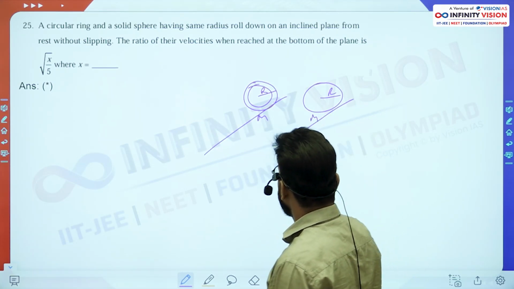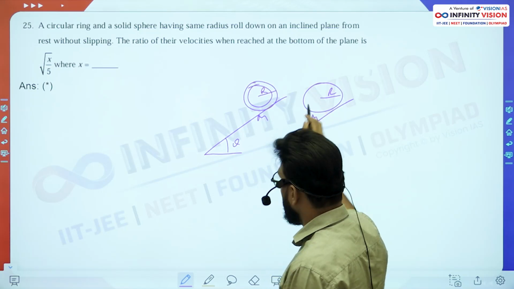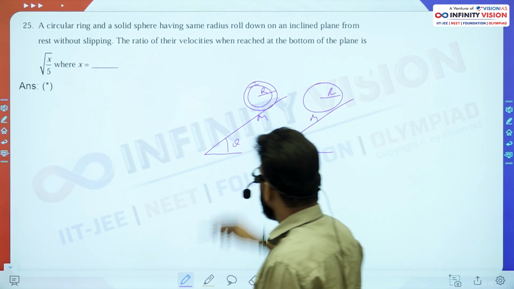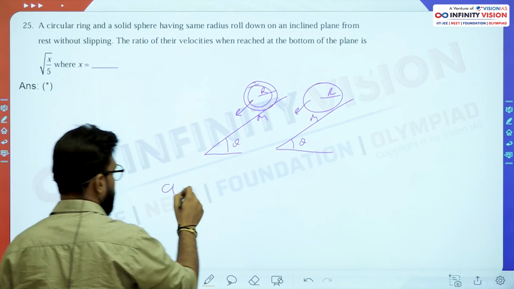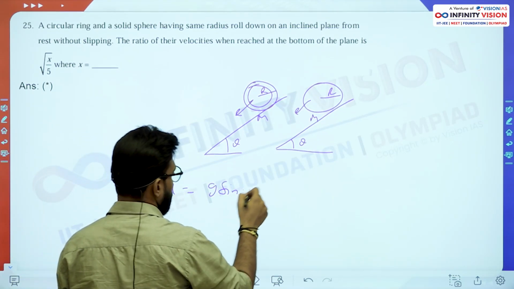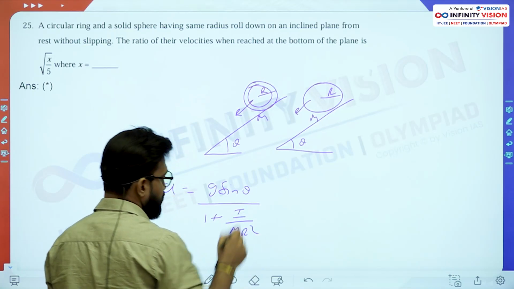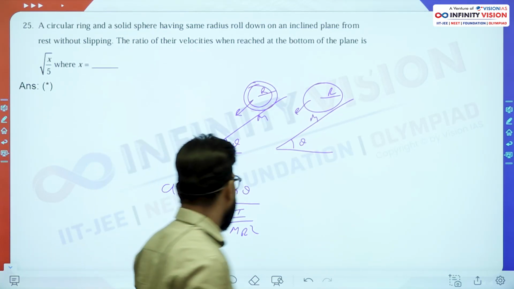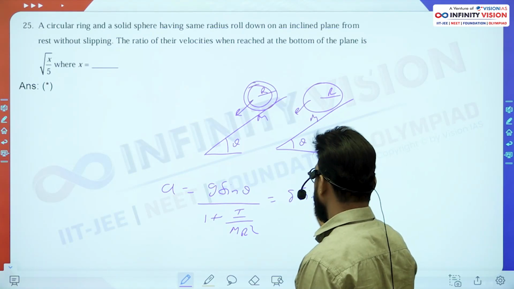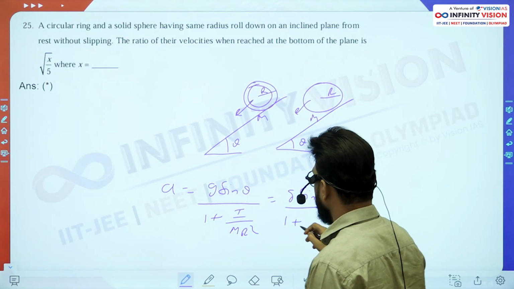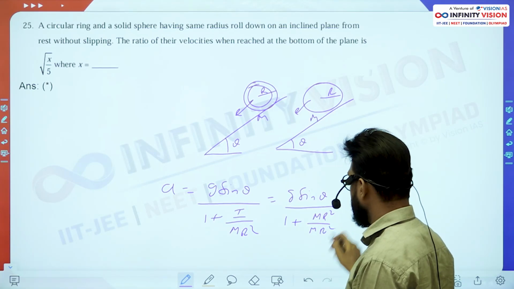If these two are placed on an inclined plane, the acceleration down the inclined plane is given as g sine theta by 1 plus I by mr square, where I is the moment of inertia of the body. For the ring, it is g sine theta divided by 1 plus mr square by mr square.